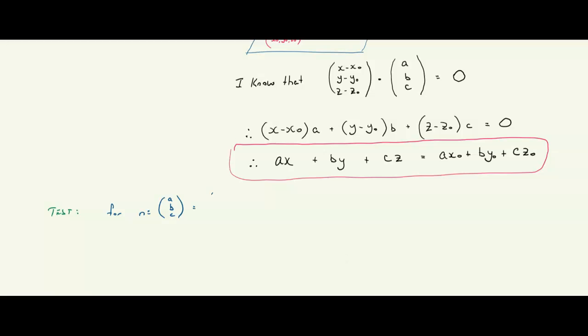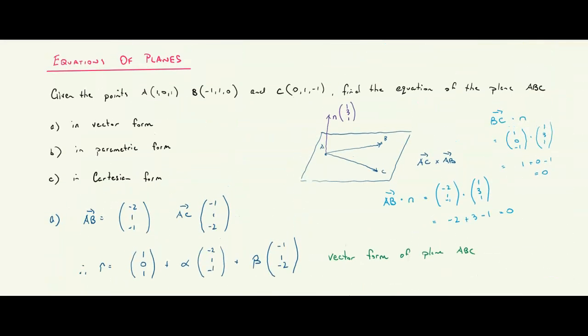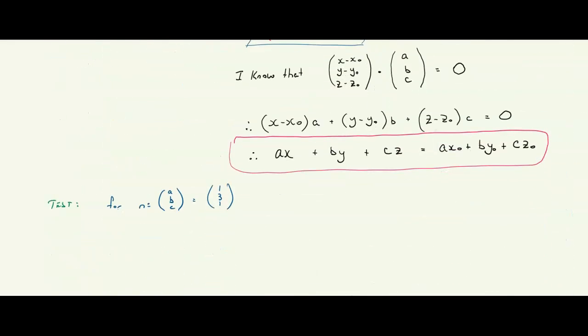So I've got my normal vector at 1, 3, 1. I need an x naught, y naught, z naught, so that can be any of my points. Let's take just a 1, 0, 1, and a at 1, 0, 1.